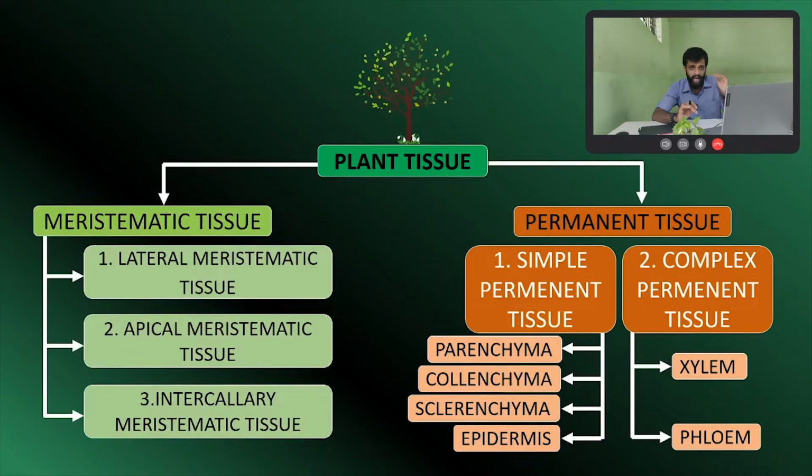Plant tissue is classified into two types. One is the meristematic tissue and the other one is permanent tissue. Now, I know that these words will be complex and new for you. Take some time, understand, watch the video again if you have to, and get this in your mind.